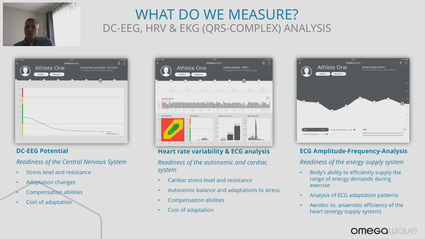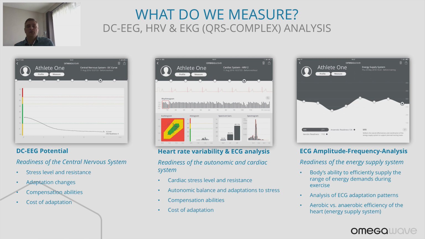By continuously monitoring those changes from day to day, we can also identify how successfully the organism adapts to those aerobic or anaerobic stressors and compensates for them. In other words, we can monitor multiple curves of supercompensation.